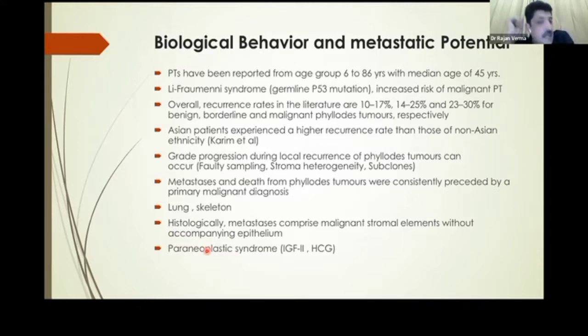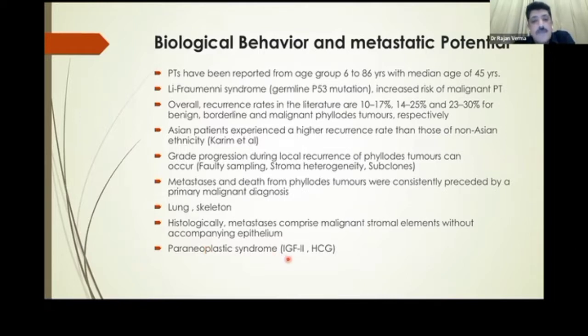Histologically, metastasis comprises malignant stromal elements without any epithelium. There have been cases where they have found epithelial elements with stromal elements, but on subsequent immunohistochemistry, they were found to be a local cellular content rather than the malignant counterpart from the phylloid tumor.